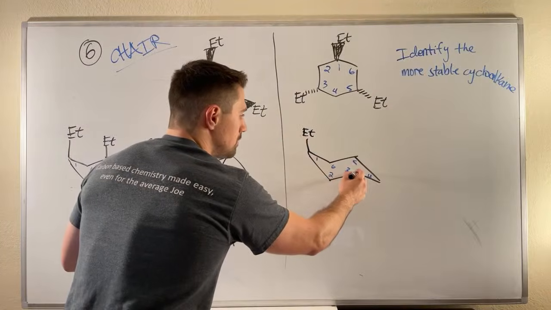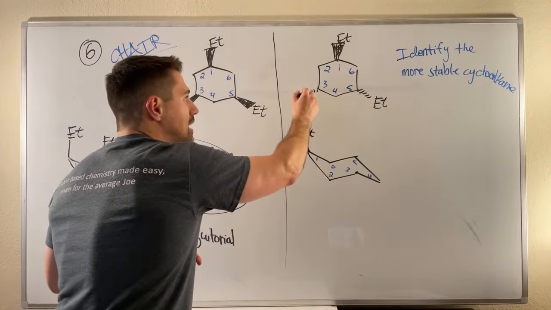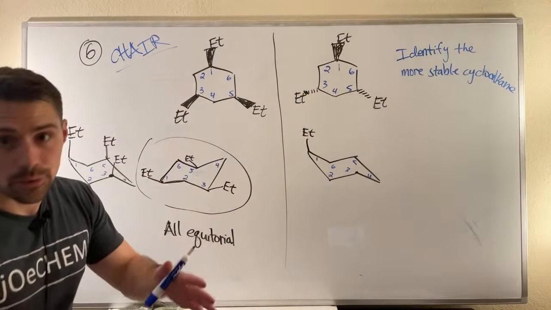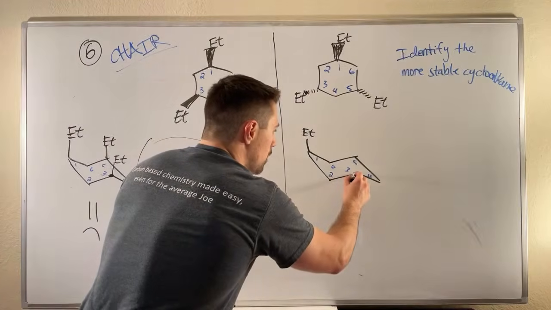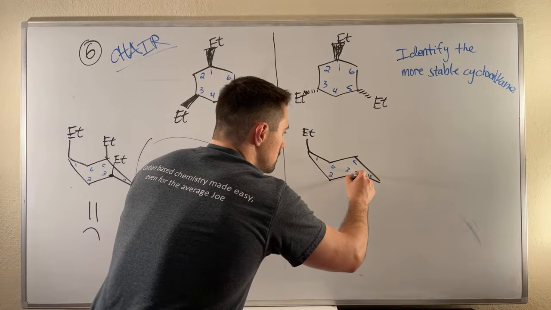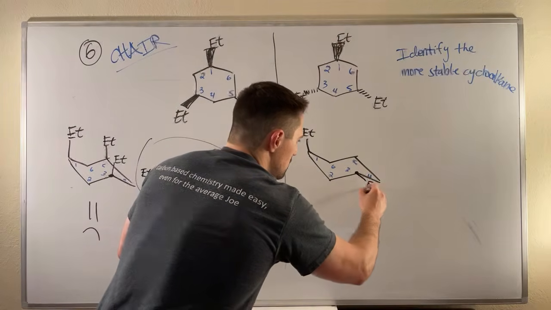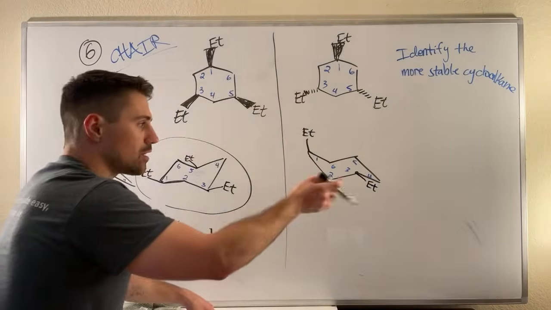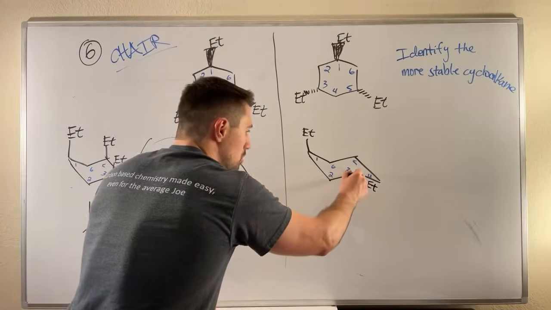Now for 3, over here, we have a dash, and a dash is down. Now we're at a peak over here. Up is axial, so down equatorial is slightly down like this. Again, draw it slanted. It's okay as long as you don't go straight down.